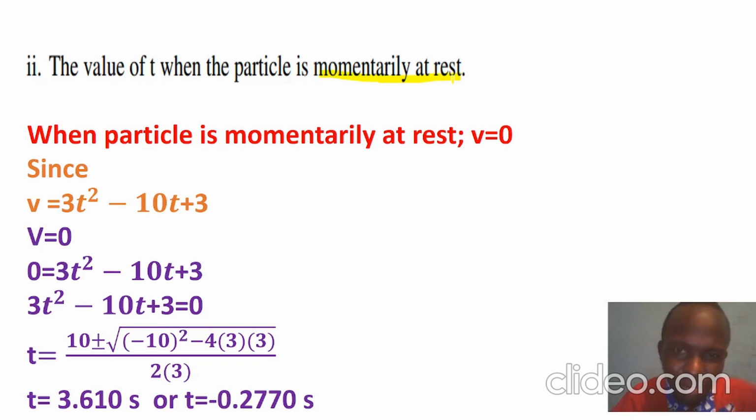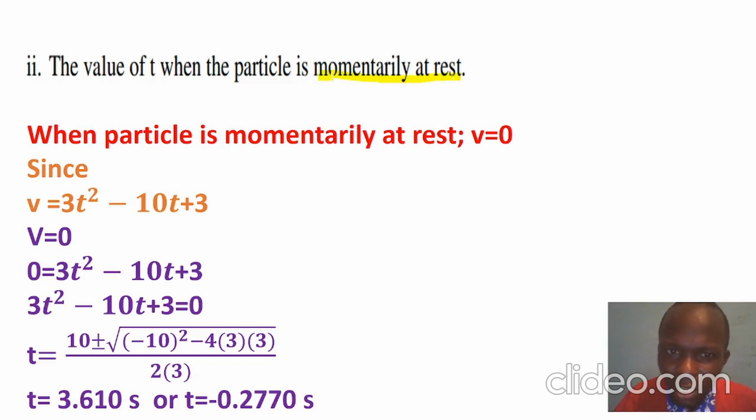The question can be framed this way also: find the value of t when the particle is instantaneously at rest. So at an instant where the particle is just at rest, that instant is what we say the particle is at rest.